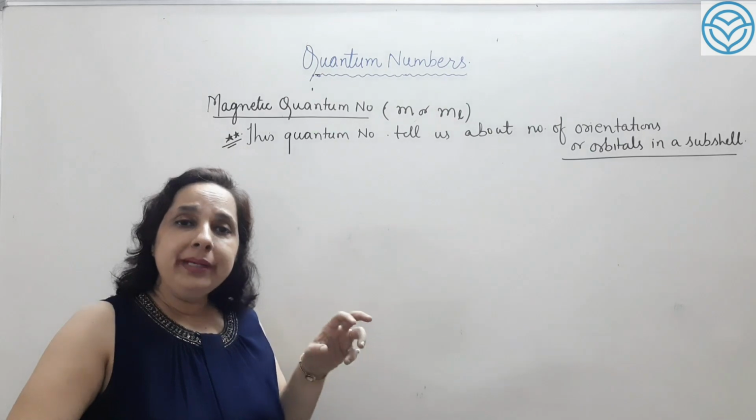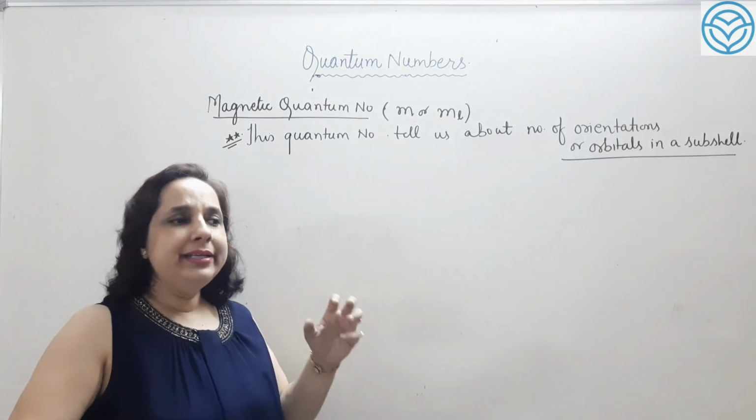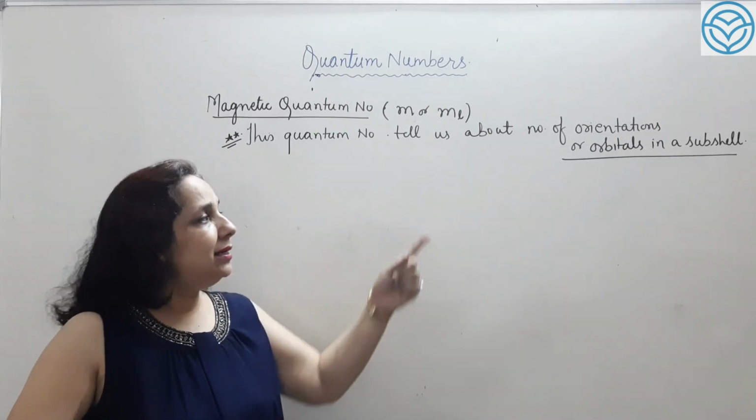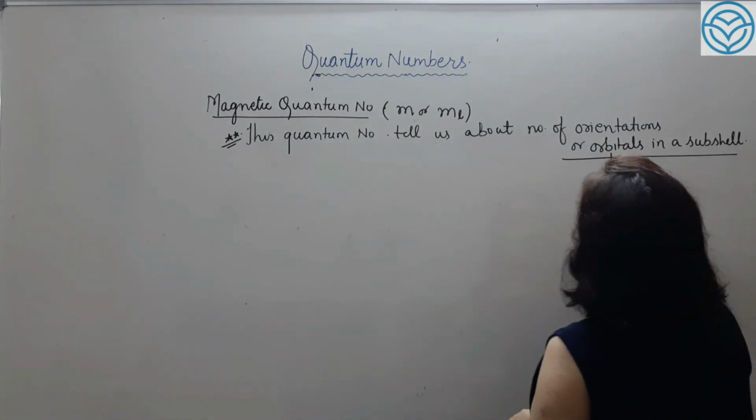The electron actually stays in the orbital. Electron is going to be 90 to 95% in the orbital. So what is an orbital?